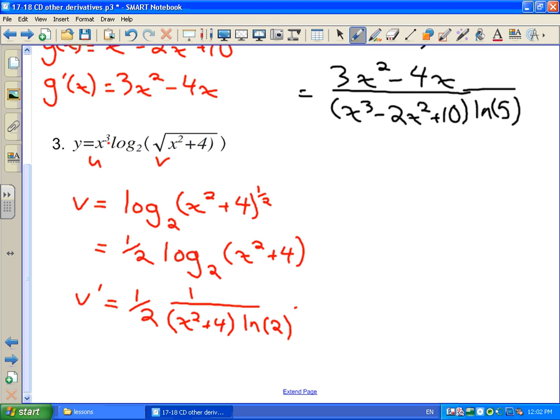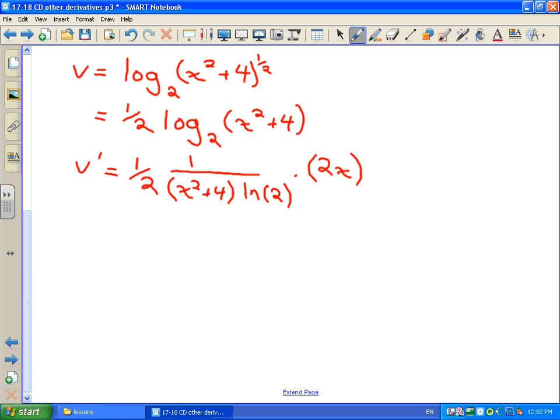So the derivative of x squared plus 4 is 2x. Okay. So then this 2 and this 2 cancel out. So we're left with x over x squared plus 4 times ln 2. So that just gets us v primed.